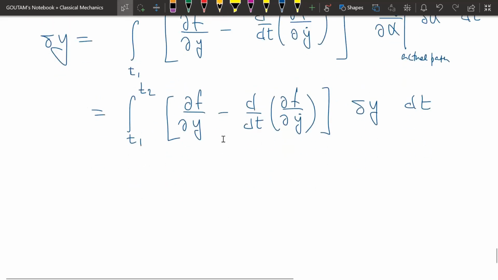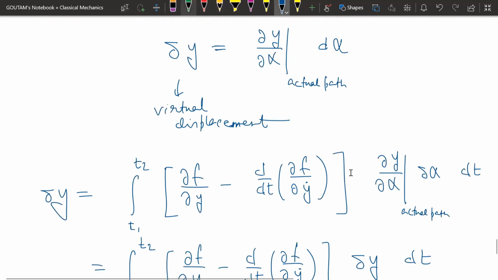And so this is not delta y, this is delta J, the variation of action.